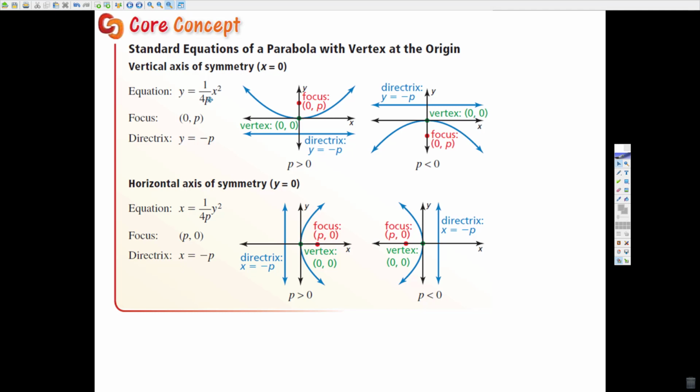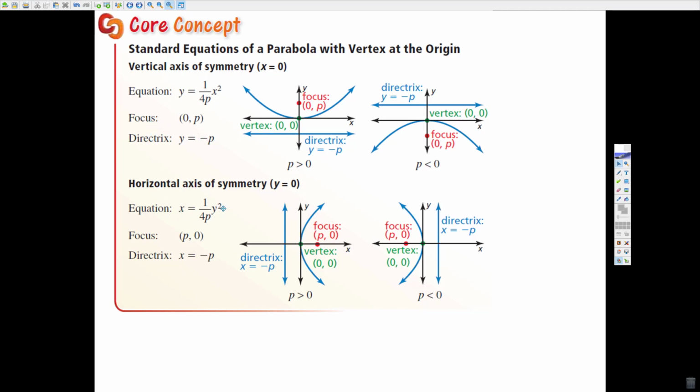P fits into the equation and is underneath in the denominator of the parabola. So we have 1 over 4p times x squared. If you can find p, then you have just found your focus, and the line that is opposite of your focus is called your directrix. There is a relationship between these two items.